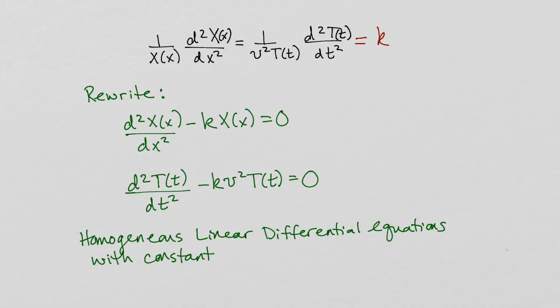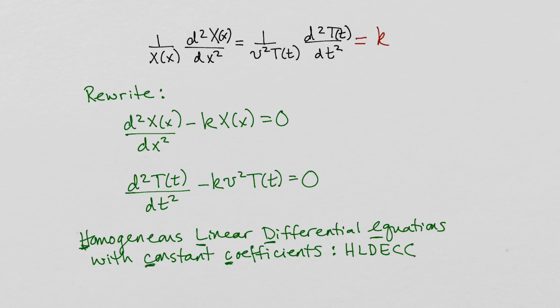Now, that's a mouthful, and I will abbreviate that as an HLDECC. Okay, homogeneous linear differential equation with constant coefficients. Okay, so HLDECC. Okay, why am I fixating on this name of these equations so much?